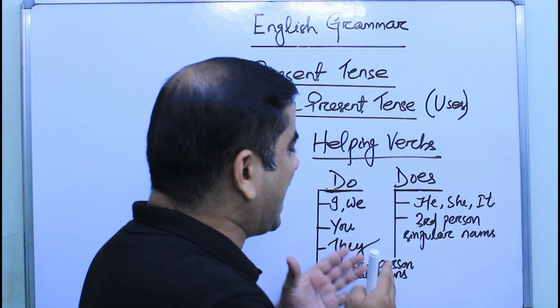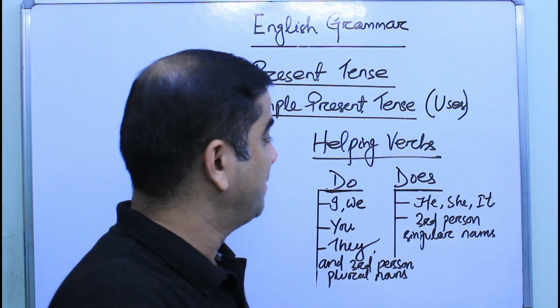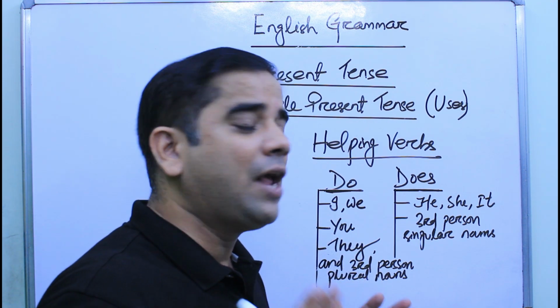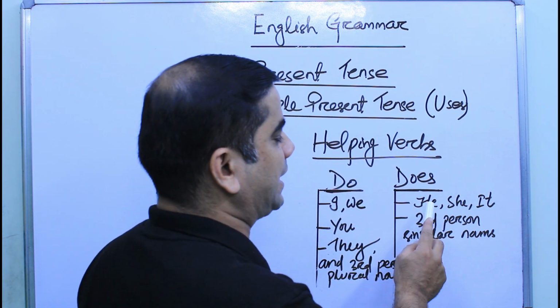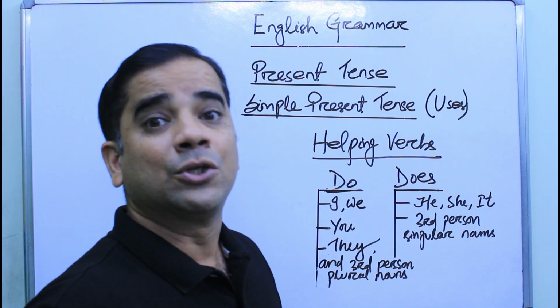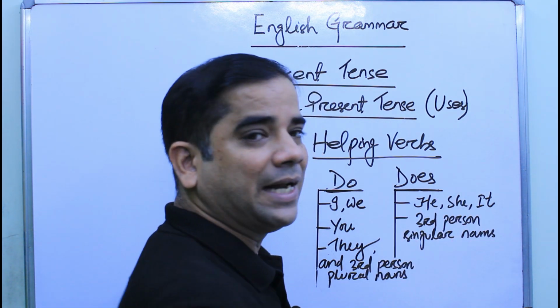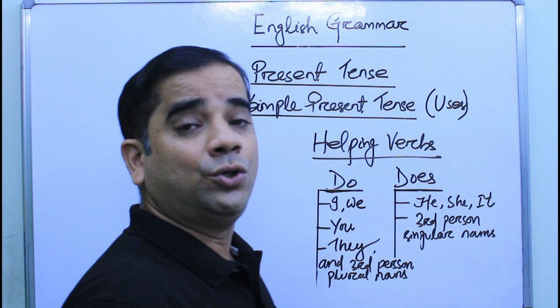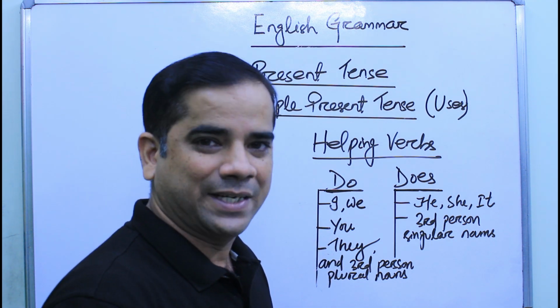So it is very easy to recognize actually. Does is used only with the third person singular. Those are he, she, it and all other singular nouns. So except these subjects, do is used with all other subjects.